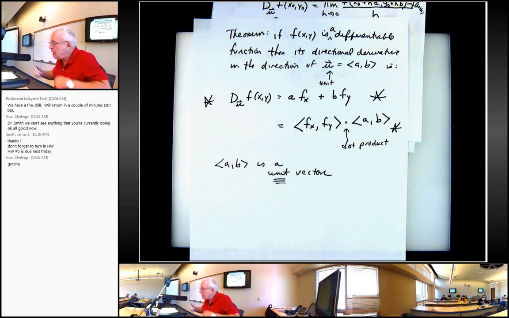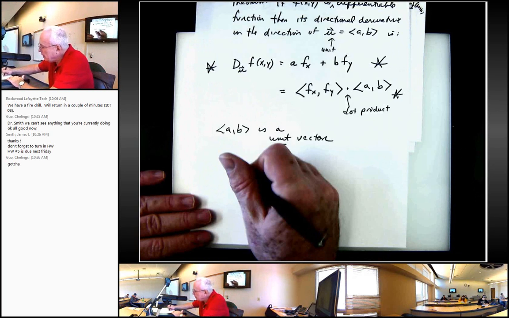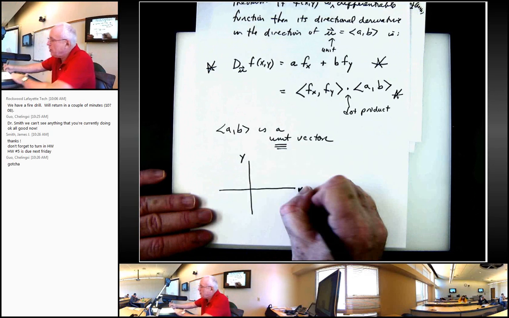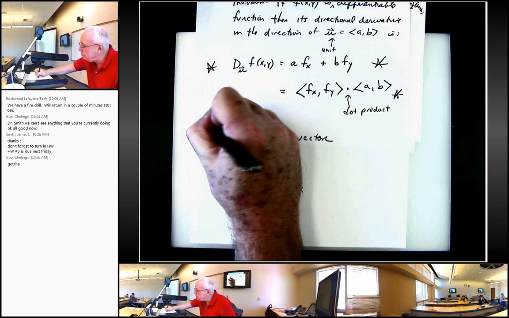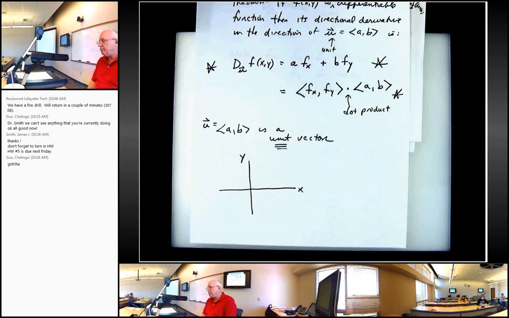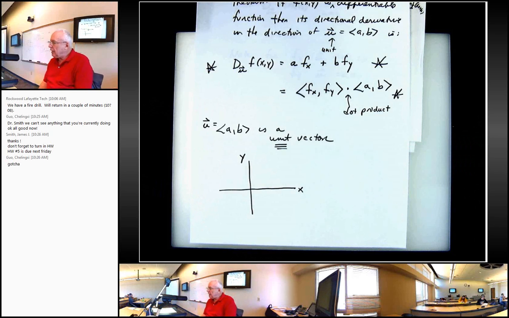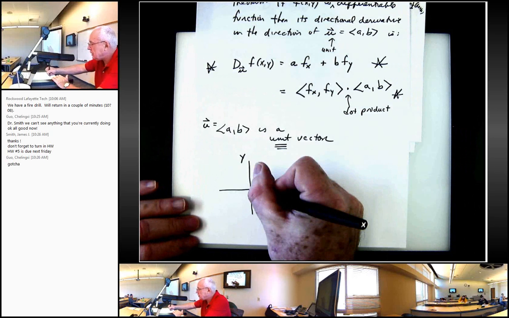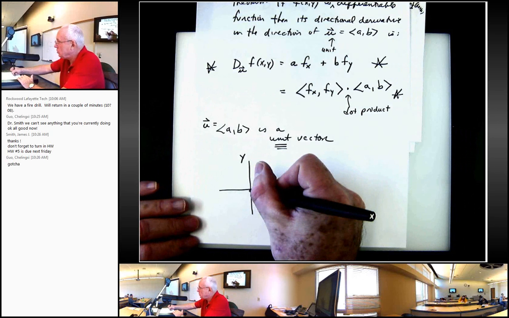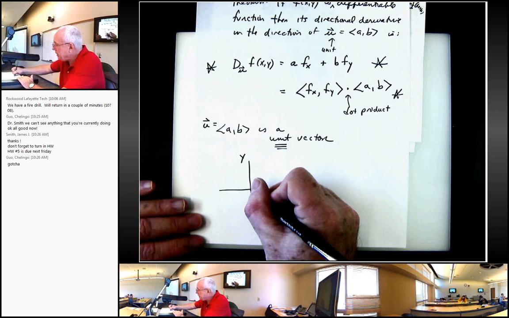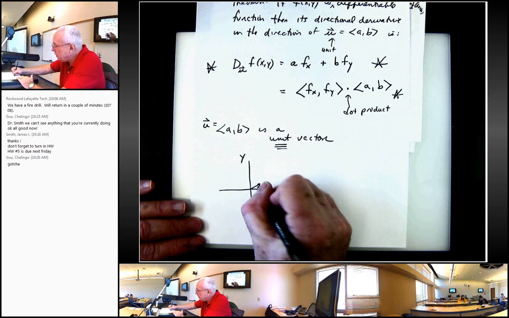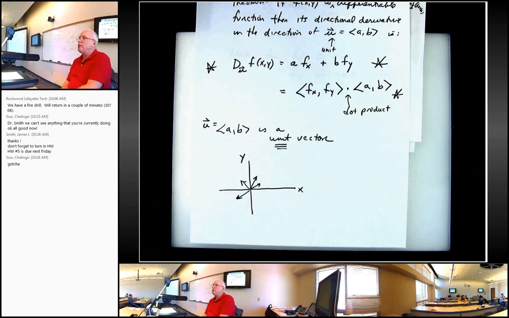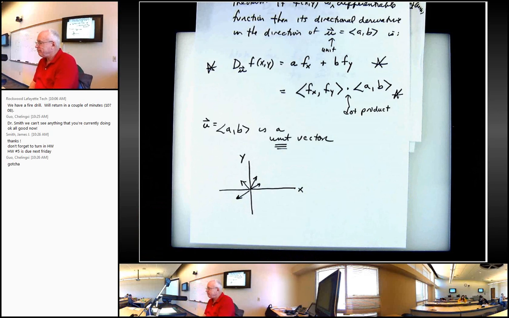All right. Let's look here. Let's just look at the xy plane here. So let's call this u, of course. If we have this unit vector, now this unit vector can have its tail here at the origin, all right? I mean, it can be anything. It can be here, it can be there, any kind of direction with the origin.